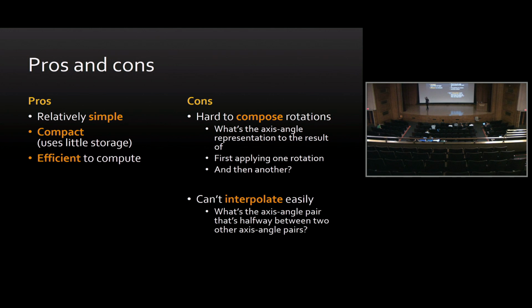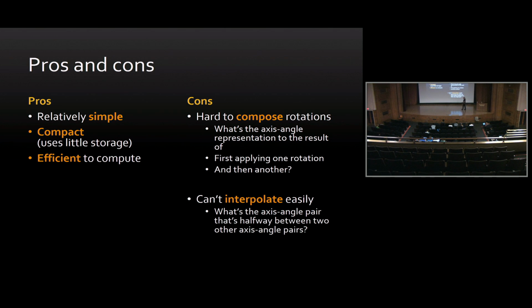So we have a way of representing rotations and computing rotations also using axis and angle or rotation vector or whichever of those you want to use. And they have advantages and disadvantages.